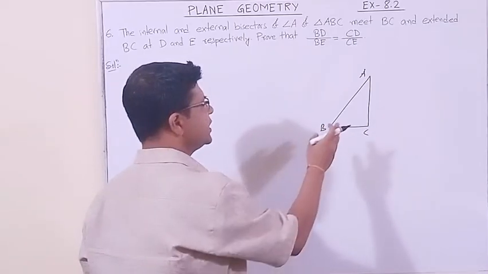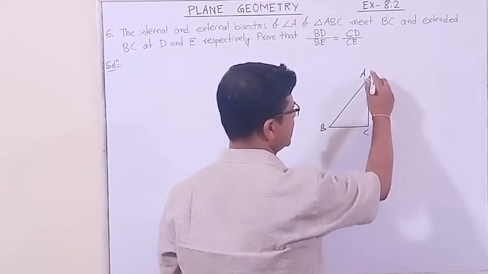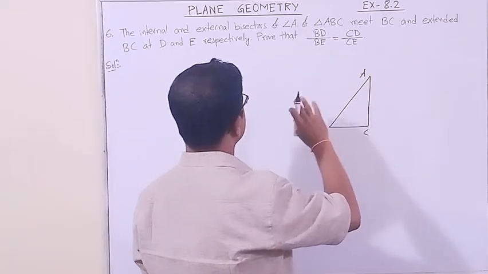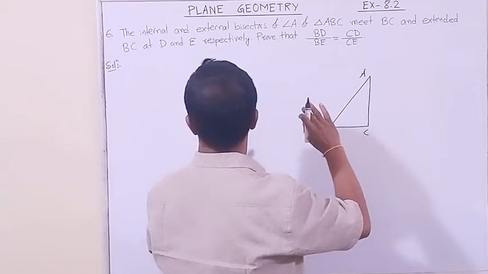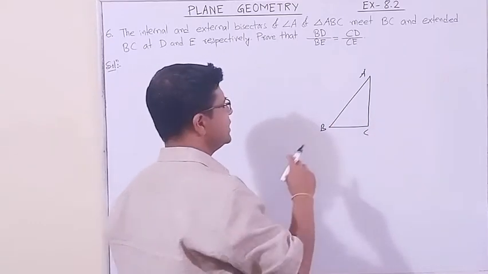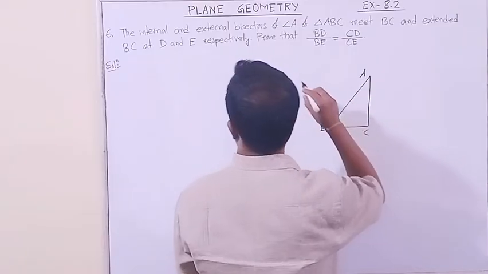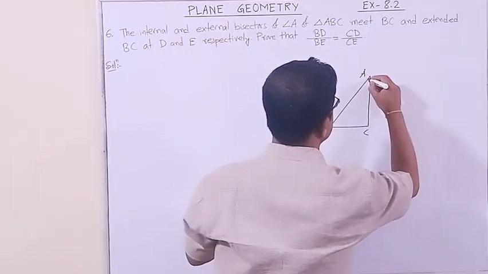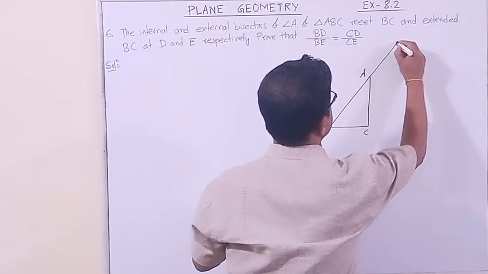Intentionally we have drawn it in this shape. If we draw an acute angle triangle, the diagram will not be so nice to solve this sum. So at first, what is the internal and external? That means we have to draw both the bisectors.